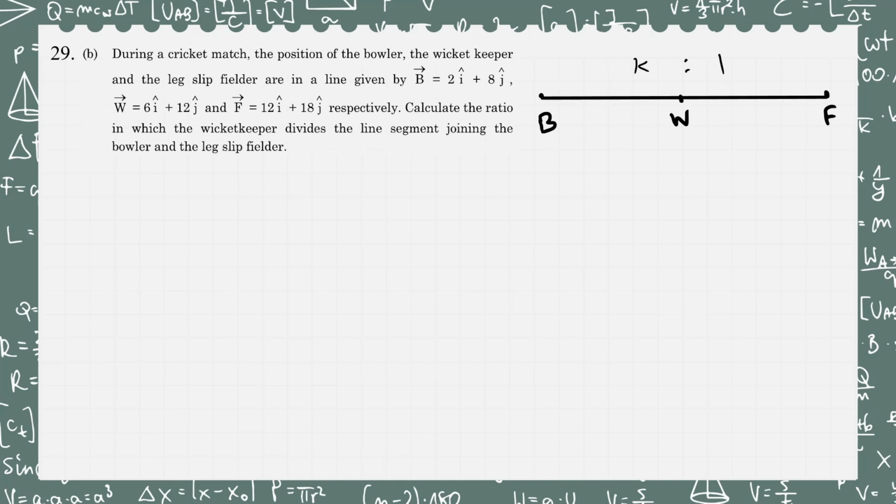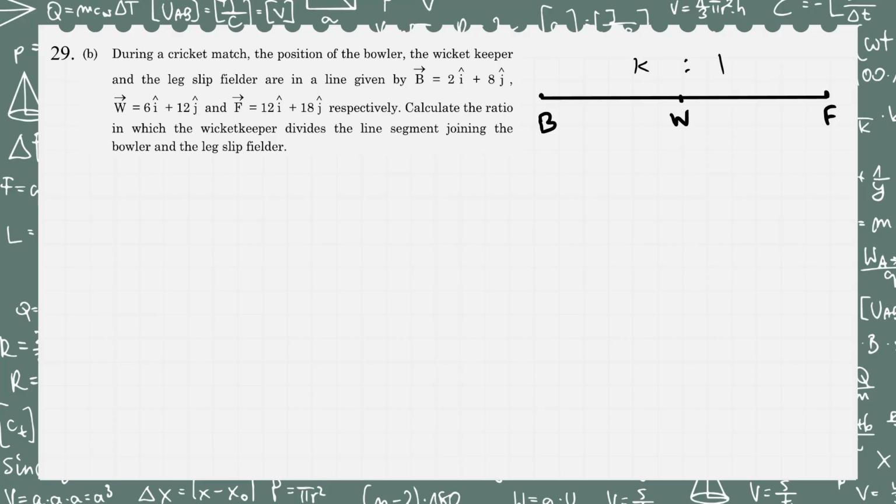During a cricket match, the positions of the bowler, the wicket keeper, and the leg slip fielder are in a line, given by vector b equal to 2i plus 8j, vector w equal to 6i plus 12j, and vector f equal to 12i plus 18j respectively.